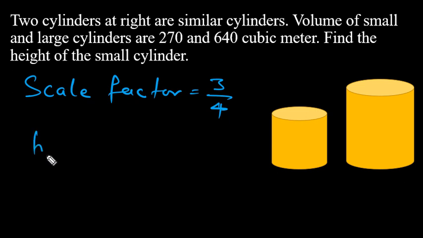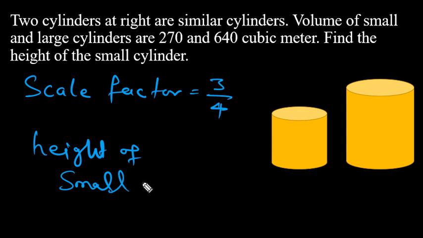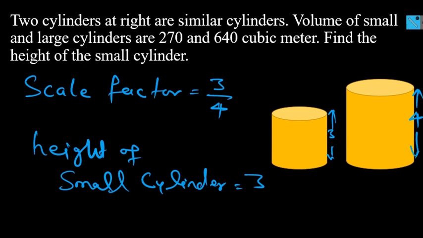So the height of the small cylinder will be 3 and the height of the large cylinder will be 4, right? So this is 3 and this is 4. So that's how you will solve.